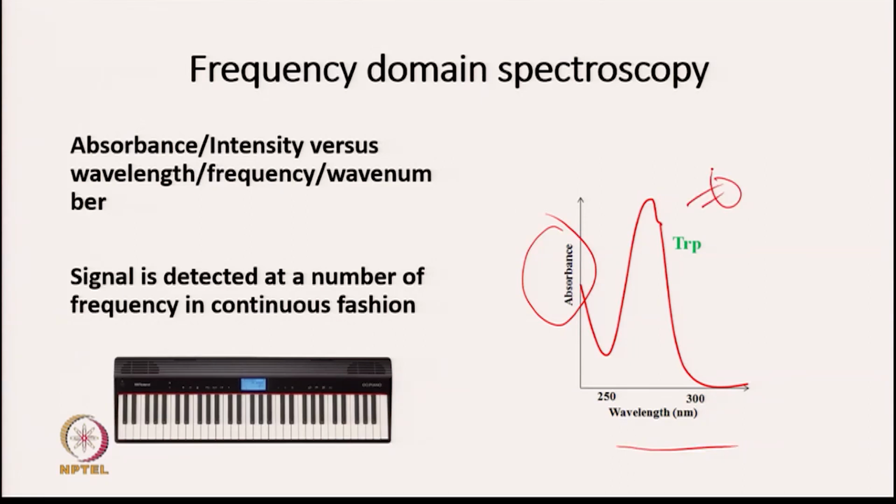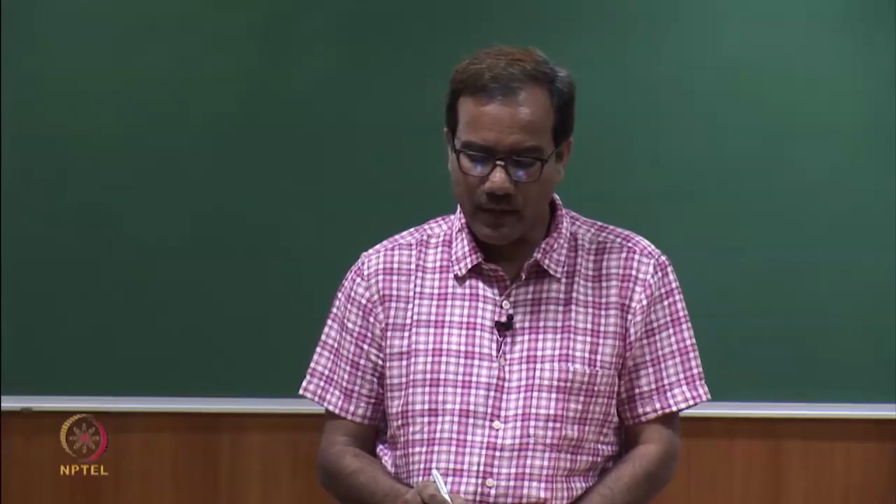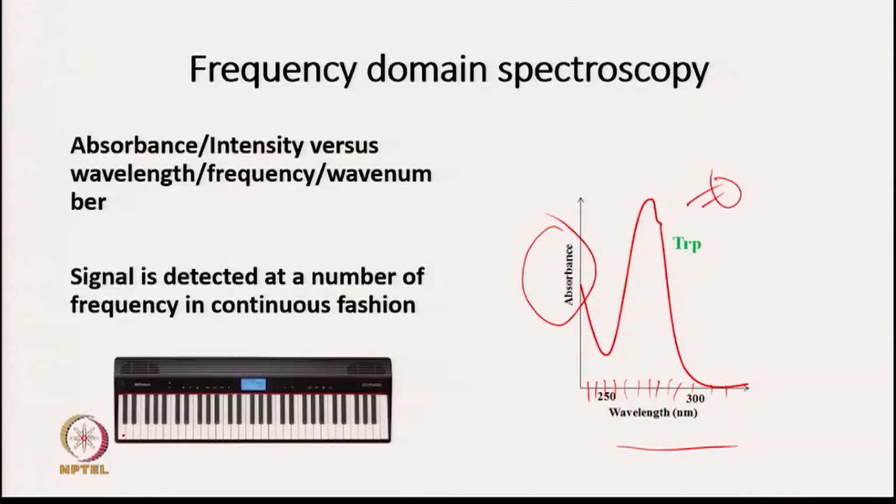You start getting the signal at every lambda, wave number or frequency. It is like playing a piano where you press one key at a time: this key, then this key, followed by this key. You go one at a time from one part to another and look at the signal.